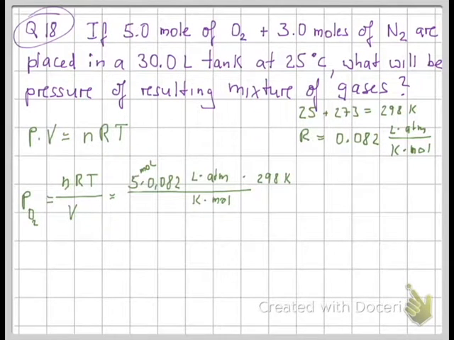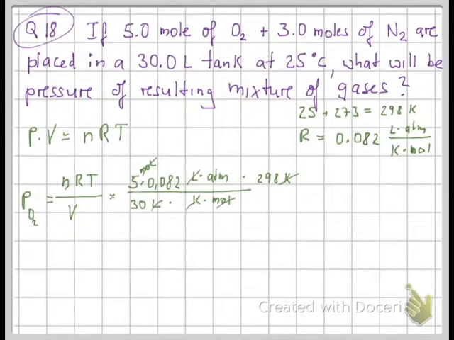And how many liters do we have there? 30 liters goes on the bottom. So let's see, the units will cancel out. Atmosphere is what we want. Kelvins cancel, moles cancel.